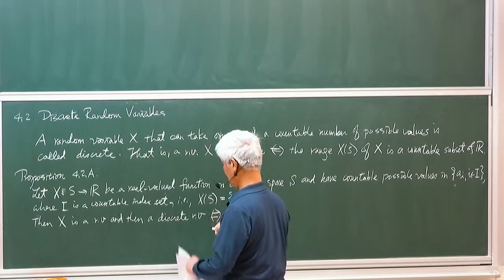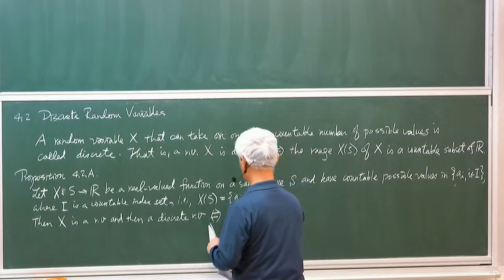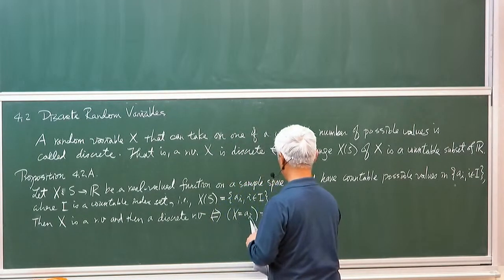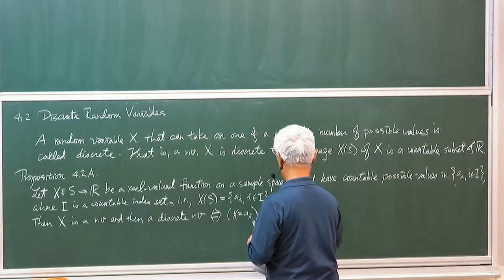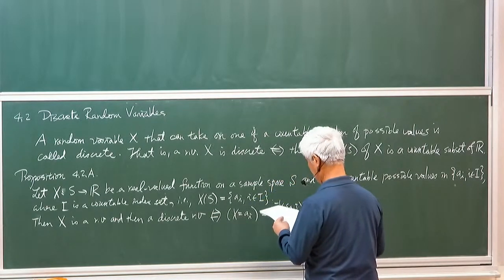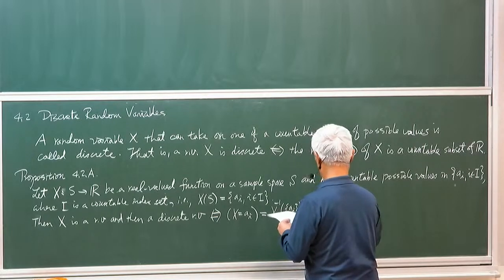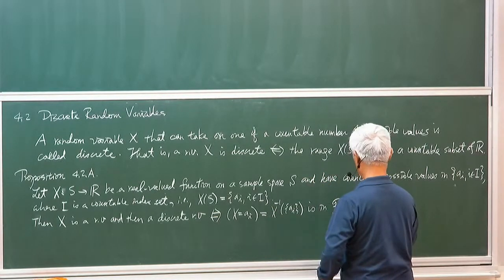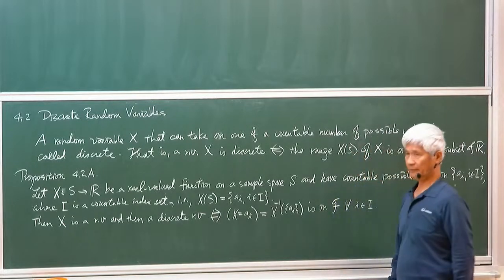So x is a random variable if and only if the event x equal to a sub i is in F for all possible values here.